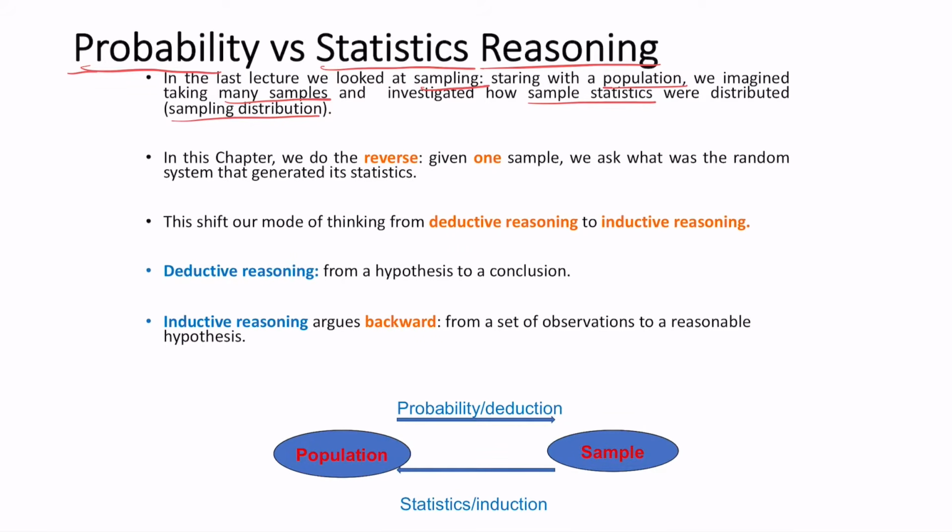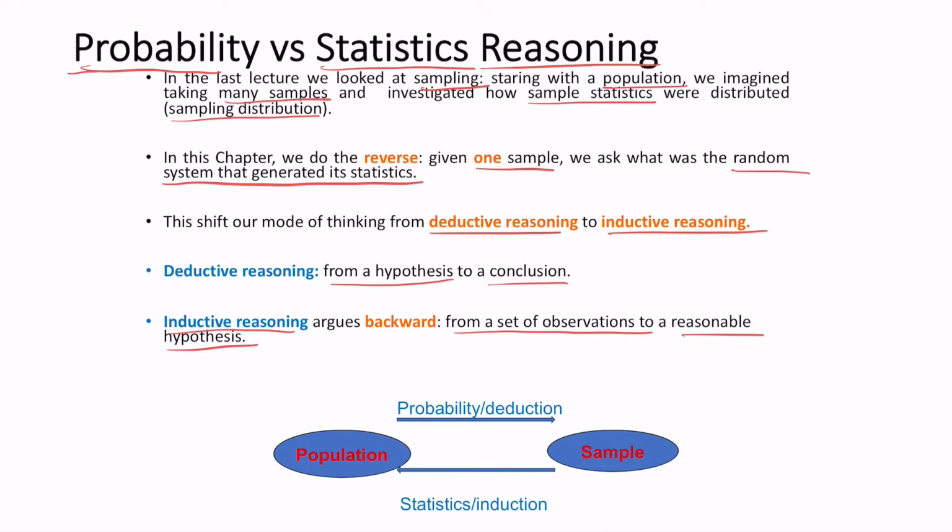But in this chapter, we'll try to do the reverse. We have a sample and we are trying to estimate what was the random system that generated its statistics, and we try to shift our mode of thinking from deductive to inductive reasoning. Remember that deductive reasoning is where you go from a hypothesis to a conclusion, but inductive reasoning is going backward, where we start from a set of observations and we try to come towards a reasonable hypothesis.